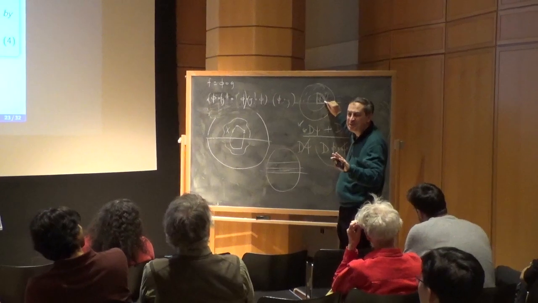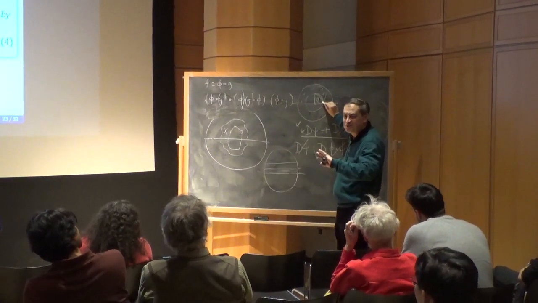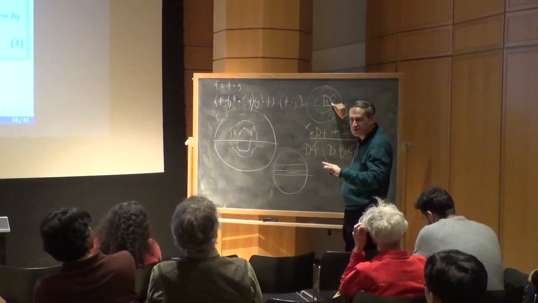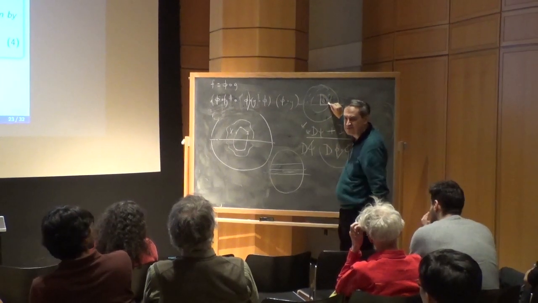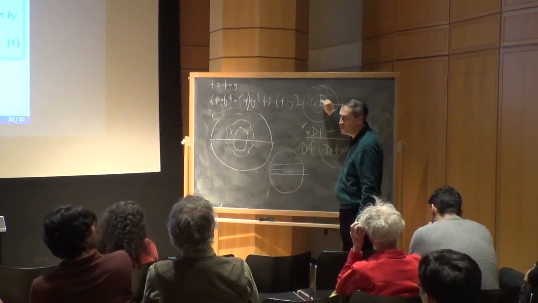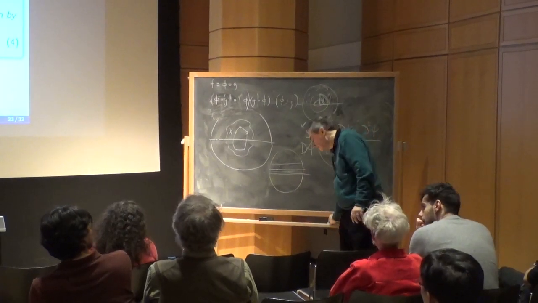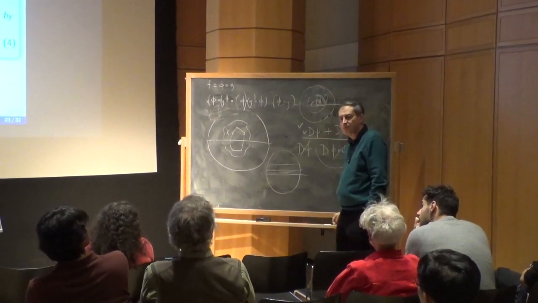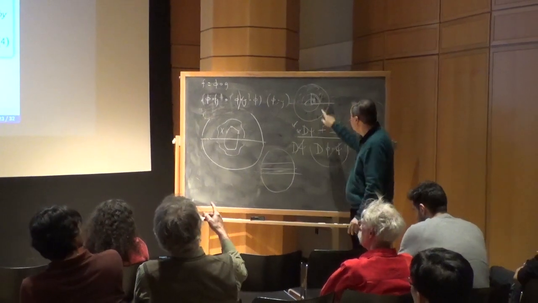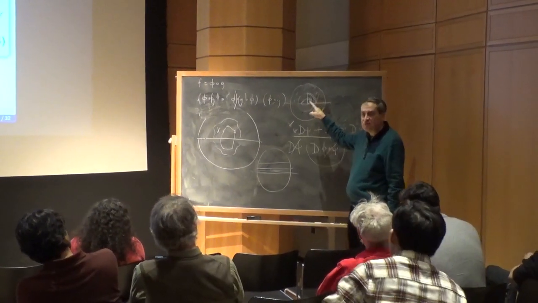I understand what you're saying, but let me say something. The Julia set that we're interested in is far away from there. The Julia set is inside here somewhere, so it doesn't matter. The estimate continues to be valid.